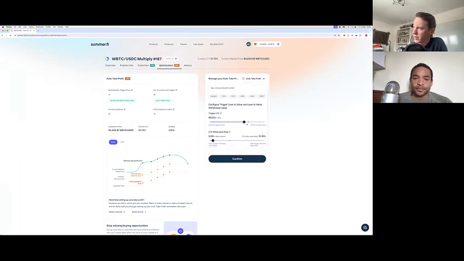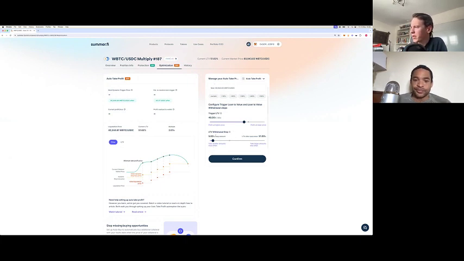And when it executes, it will withdraw 5% of your LTV so that your LTV gets reduced back to 51. And that means that your multiple is back up to like 2x.